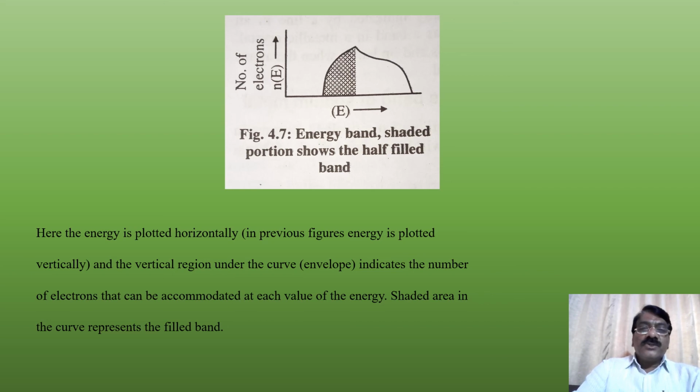The shaded portion shows the half-filled band. Here the energy is plotted horizontally, and the vertical region under the curve indicates the number of electrons that can be accommodated at each value of the energy. The shaded area in the curve represents the filled band.